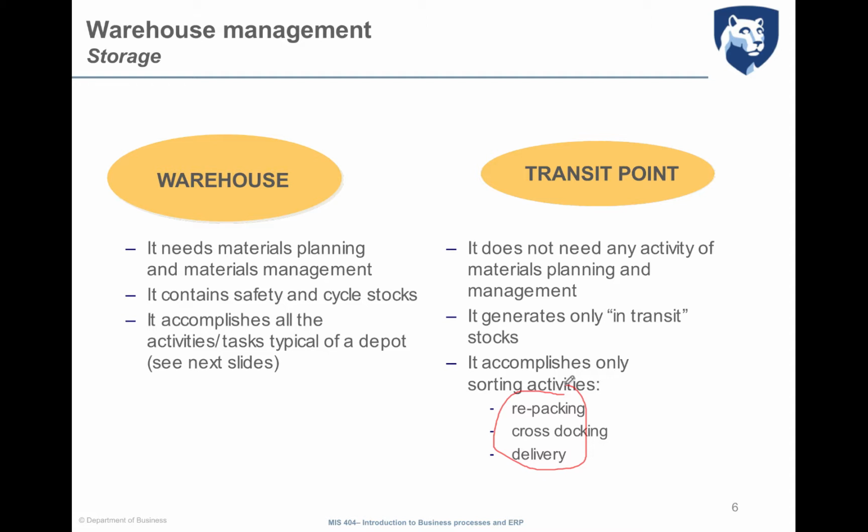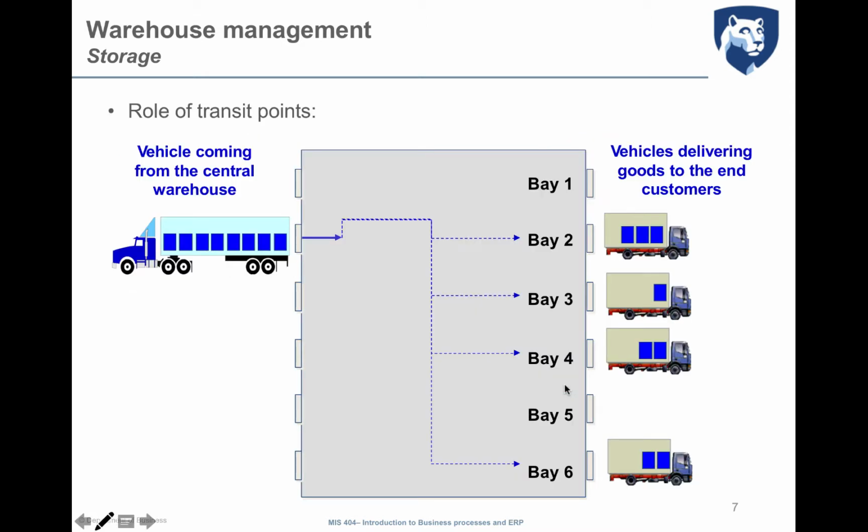I won't deep dive too much on this because these are technical logistic concept, but just to give you an idea of what we intend for sorting activities, we can see this figure. So this is an example of what can happen in a transit point.